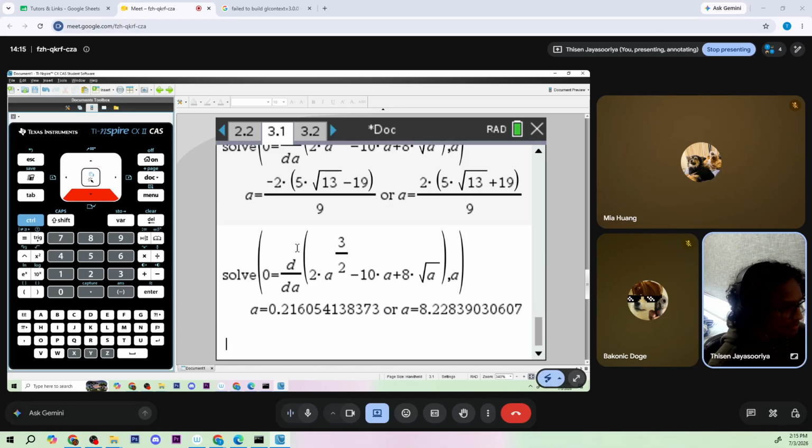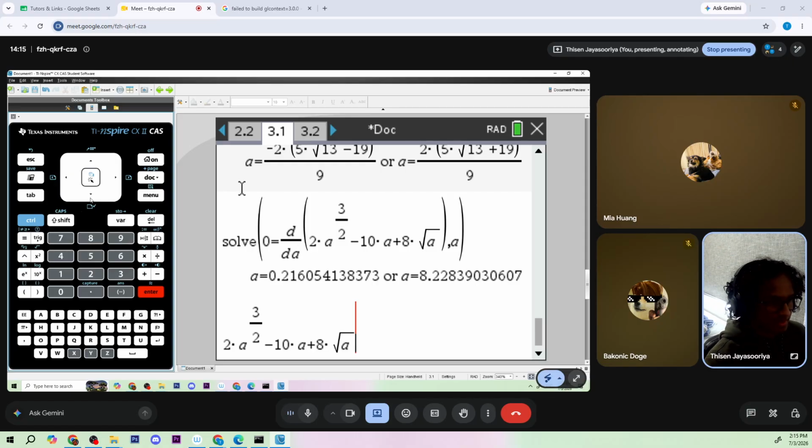And just to check which one is the right one, I'm going to sketch it on my graph.